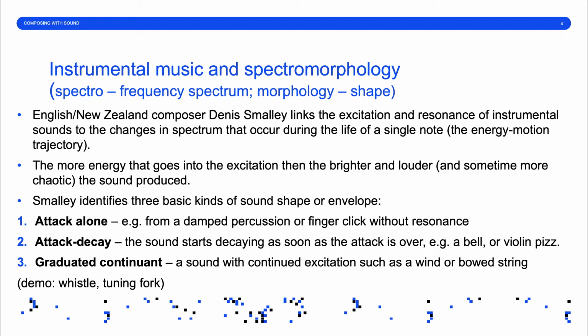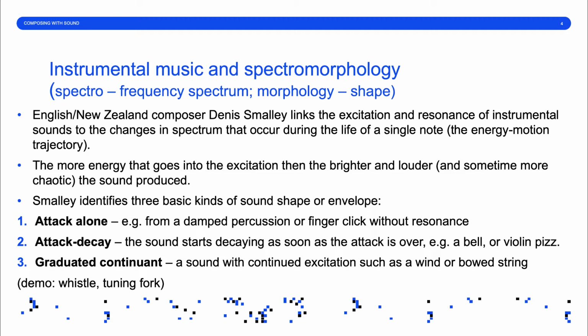So there's this kind of imaginative trajectory going on when we listen to a sound. So in terms of acoustic instruments, typically the more energy that goes into the excitation, the brighter and louder, and sometimes the more chaotic the sound that is produced. So for example, if I overblow the whistle, I get a shrill, chaotic sound caused by the turbulent airflow in the whistle.